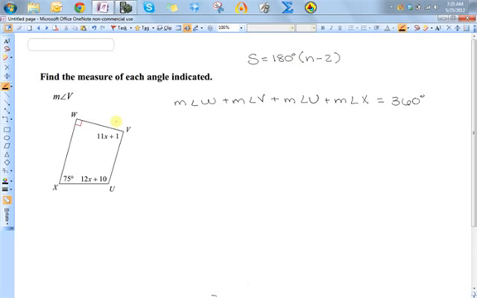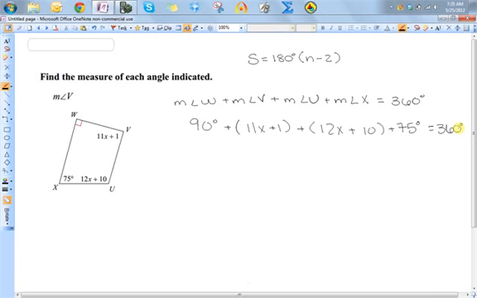Okay, so let's just substitute in the values that we know. So the measure of angle W is 90 degrees. V is represented by the expression 11x plus 1. Now I'm just putting this in parentheses so I can kind of block it off. And 12x plus 10 is the measure of angle U, and the measure of angle X is 75, equals 360 degrees. Okay, so let's combine our like terms.